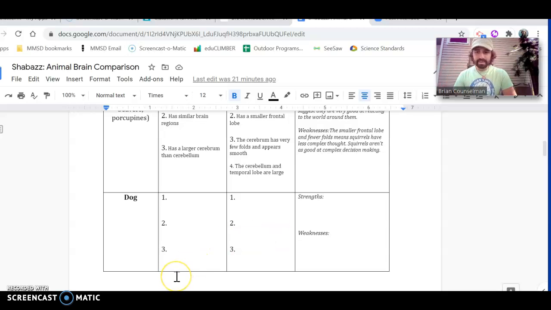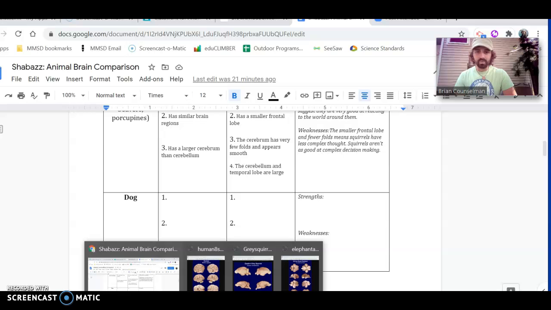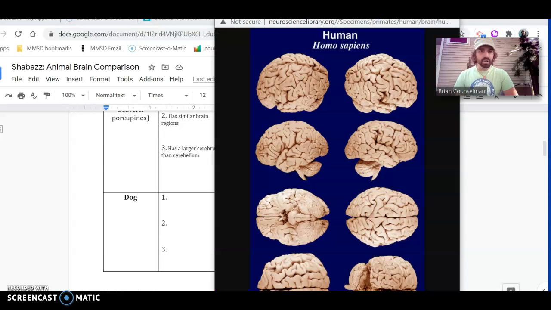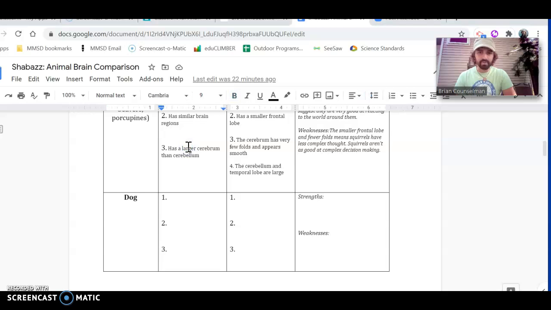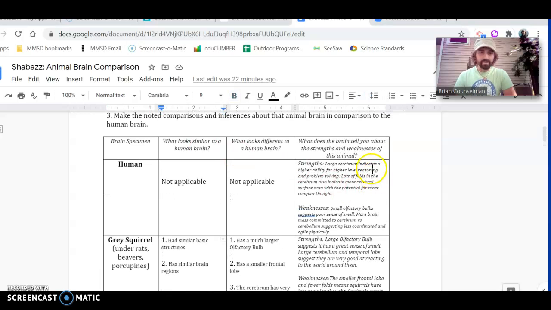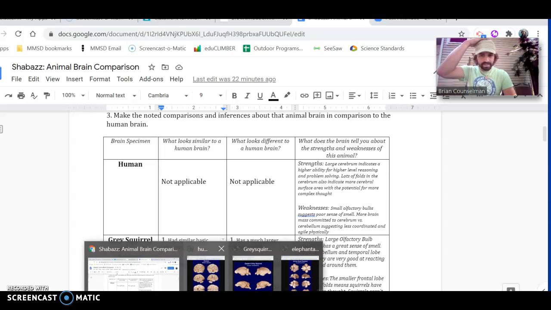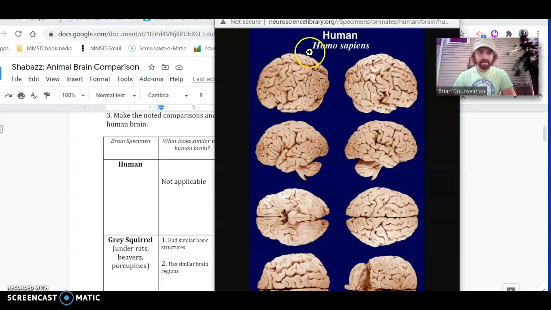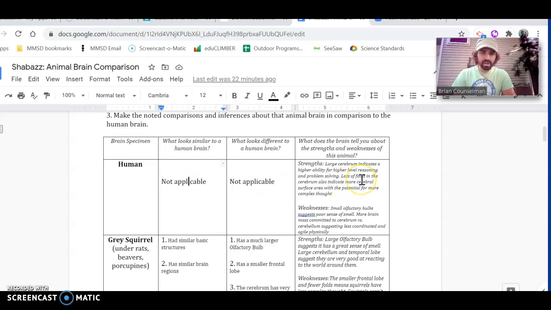Here's my example I want to show you quickly to hopefully help you figure it out. Here's the human brain. That is inside here. A few things we notice: a few things that are strengths of ours I put in here for you. We have a large cerebrum, and that cerebrum is this part on top. That cerebrum is responsible for a lot of what we consider higher order thought, so that allows us to have higher level reasoning and problem solving skills.